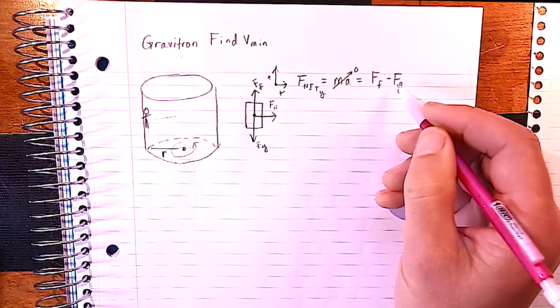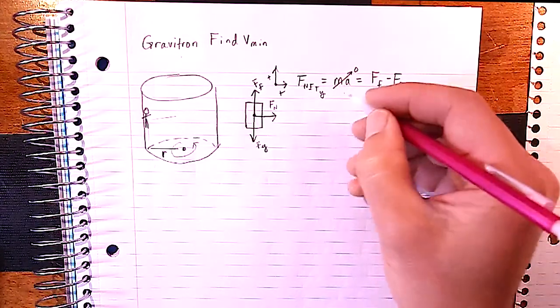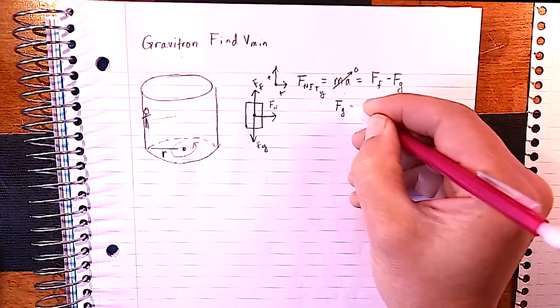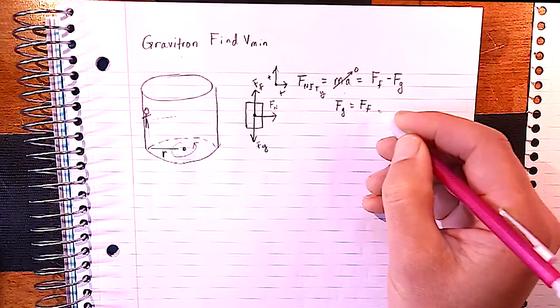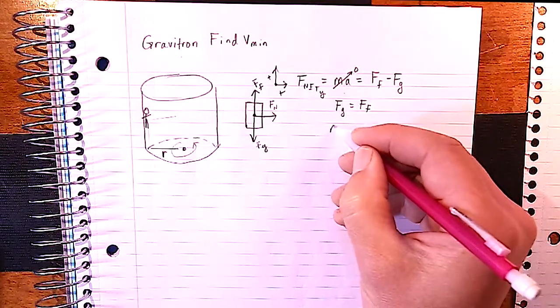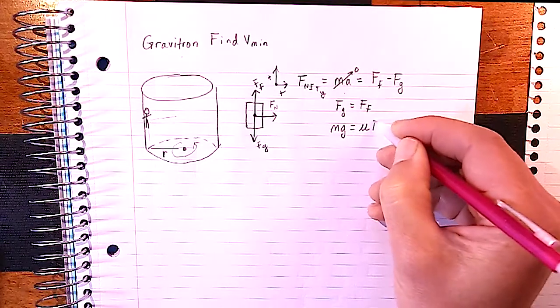I'm going to add this Fg to the other side, so that becomes Fg equals Ff. And we can say Fg is mg, and force of friction is mu Fn.